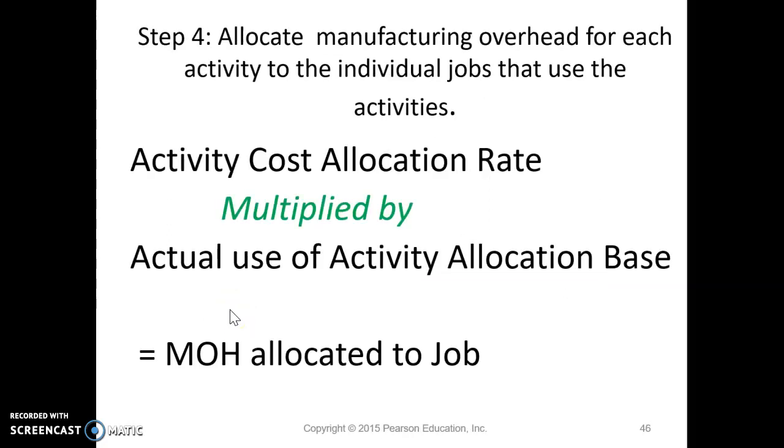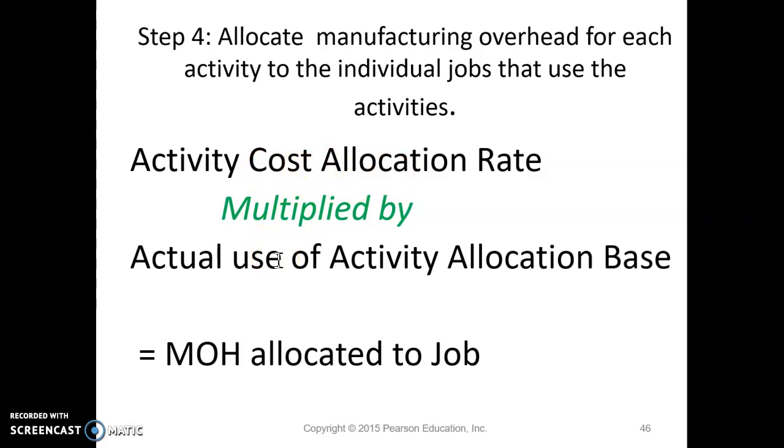And then during the period, we can use those activity rates to allocate the overhead. So for every activity, we're going to take that activity rate and multiply it by the actual number of the allocation base. So for purchasing, we take the purchasing allocation rate and multiply it by the number of purchase orders used for a job.